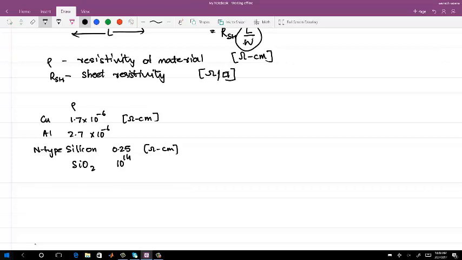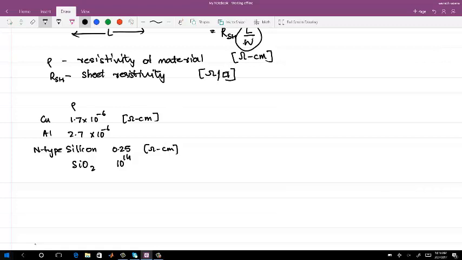Okay, so if you want to realize any kind of resistance on silicon, which among these are you going to choose? You need some finite resistance. Metal resistance is something you cannot use, because the resistance you want to realize is maybe 1 kilo ohm, 2 kilo ohm, or whatever.